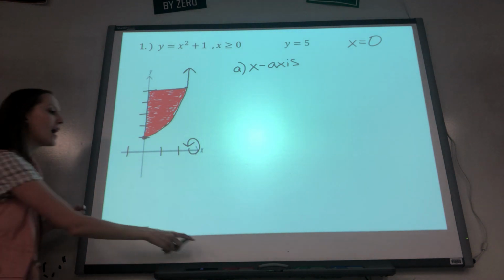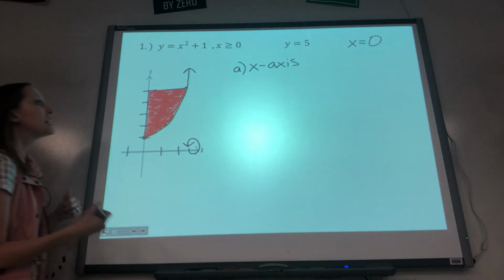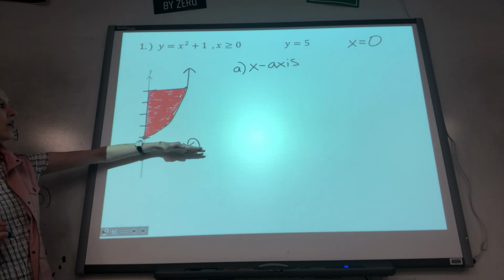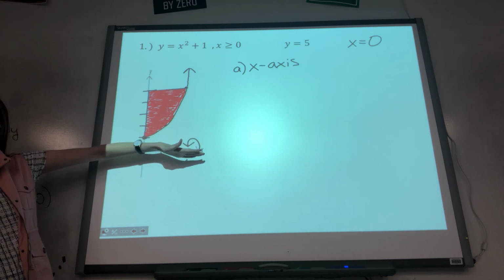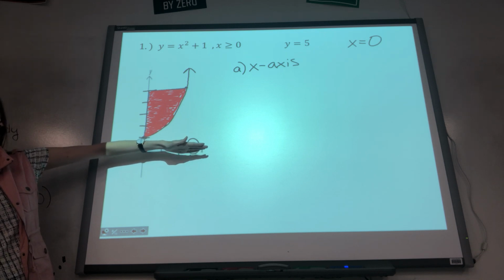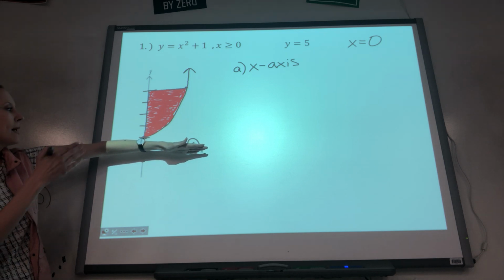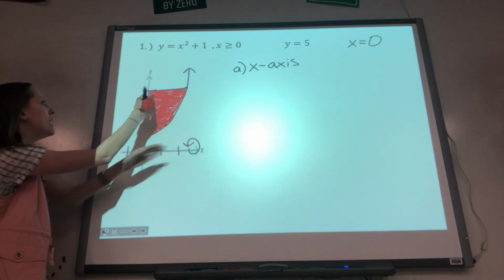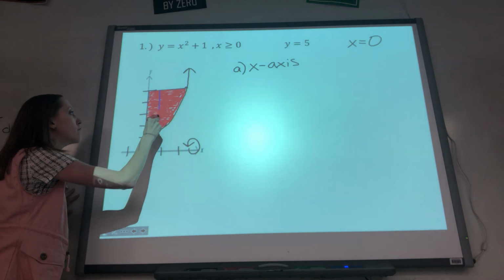Now think about your representative rectangle. It always has to be drawn perpendicular to your axis of revolution. Our axis of revolution is the x-axis. So to be perpendicular to that, my rectangle needs to be vertical.